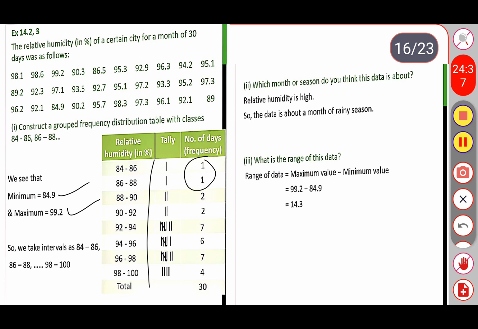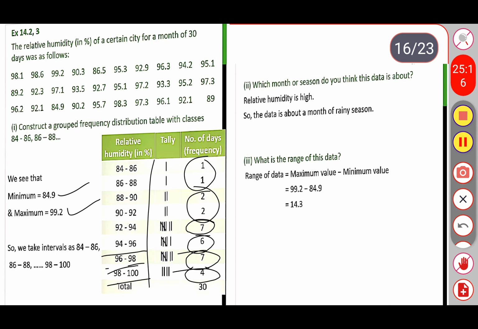From 88 to 90 and 90 to 92, two values are given each. Next, from 92 to 94, 7 values lie. 6 days' humidity values lie between 94 to 96, 7 days' between 96 to 98, and 4 days' between 98 to 100.